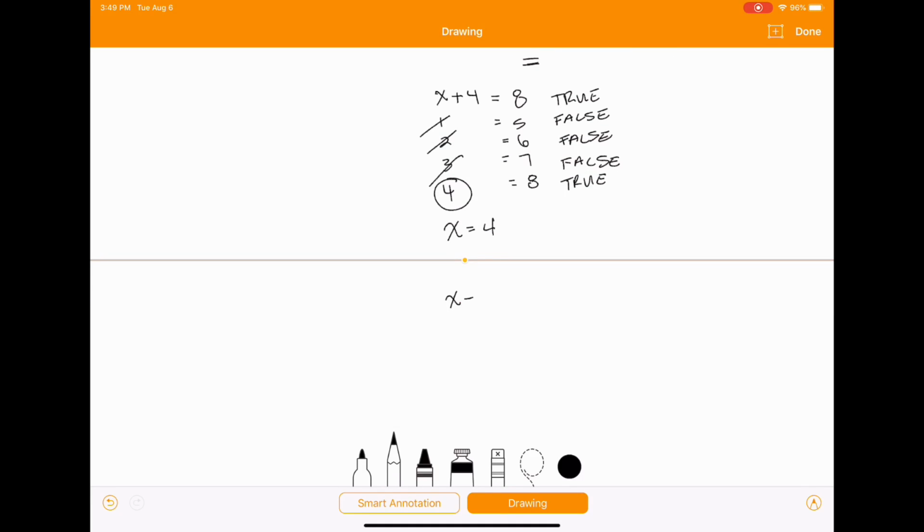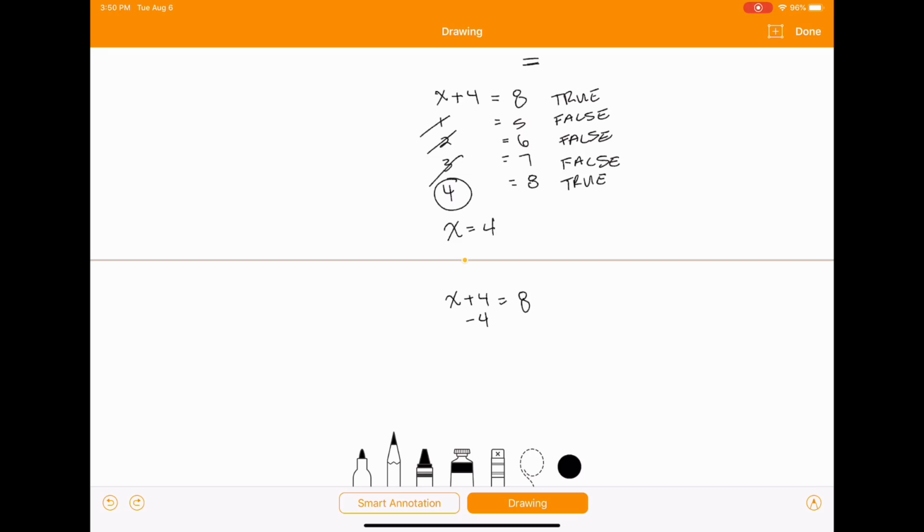So we've got x plus 4 equals 8. Now, when you have an equation like this, anything you do to the right side of the equation, you have to do to the left side of the equation. So for example, if we want to get x all alone on this side, we need to subtract 4 so that this way this goes to 0 and we're left with just x over here.